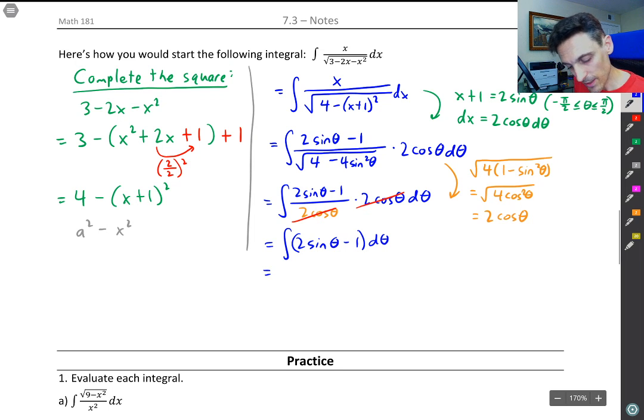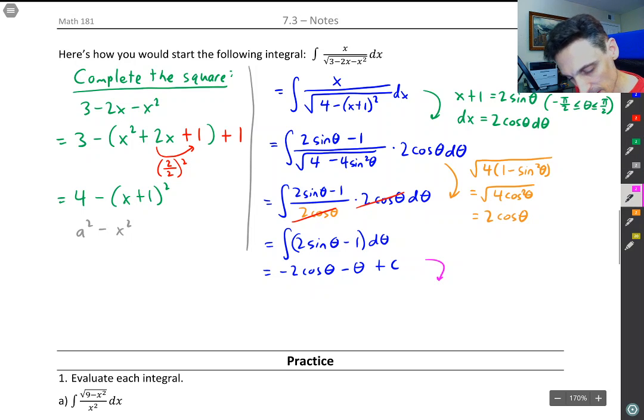All right, integrate that, and we have negative 2 cosine theta. And then the integral of 1 with respect to theta is theta, and we have a little plus c at the end. Now coming back from theta into x, we're going to use that relationship that we had set up. So here we're going to write sine theta is x plus 1 over 2. Take that relationship, divide the 2 over, and we get sine theta is x plus 1 over 2.